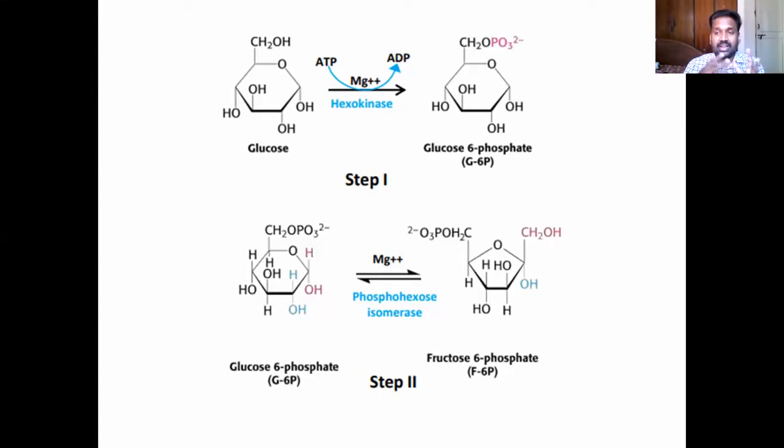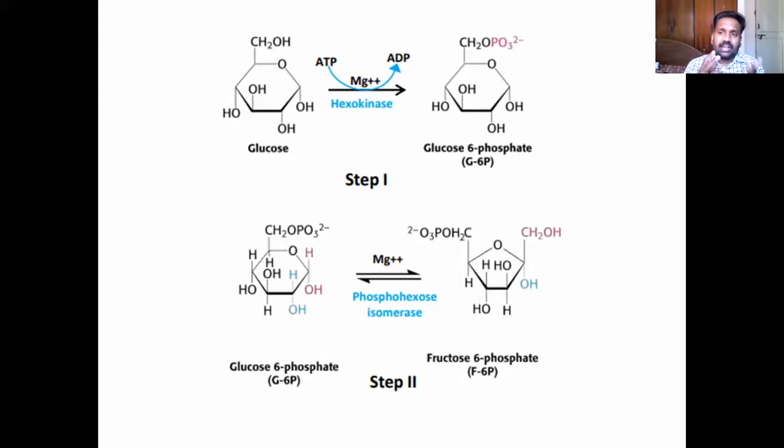But the first carbon atom is a CH2OH. In fact, in the open chain structure of fructose, the keto group is on the 2nd carbon atom, is it not?